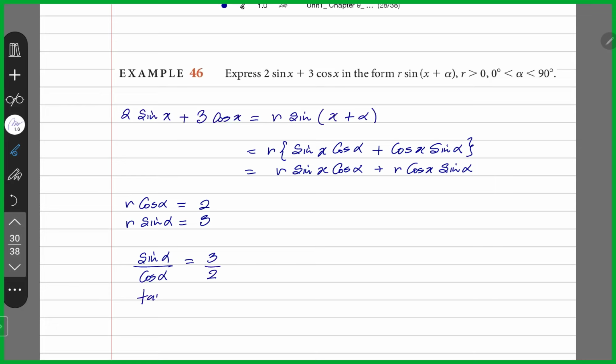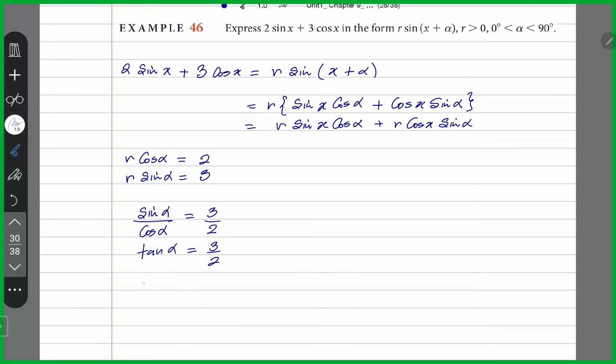So tan alpha is 3 over 2, and alpha is tan inverse 3 over 2. So alpha is 56.3 degrees.